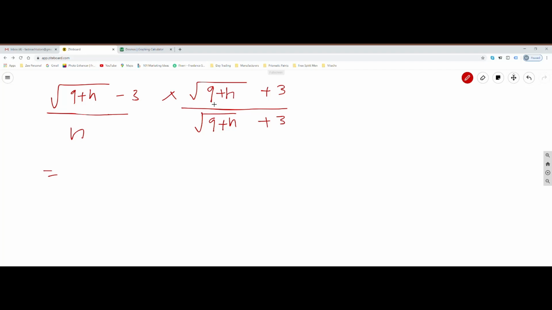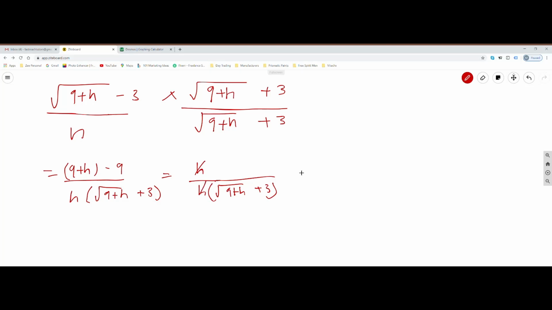So when you multiply two square roots, it's just left with what's inside. And minus 3 times positive 3 is minus 9 over h. 9 plus h plus 3. You're left with h, and you're left with 9 plus h plus 3.